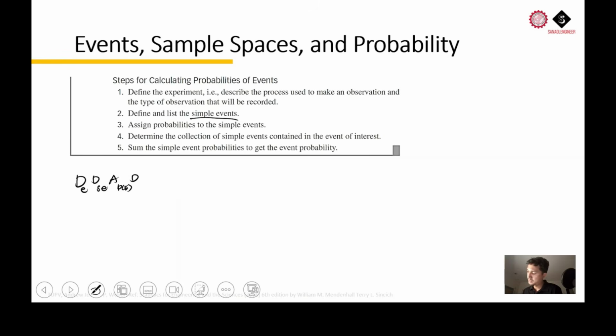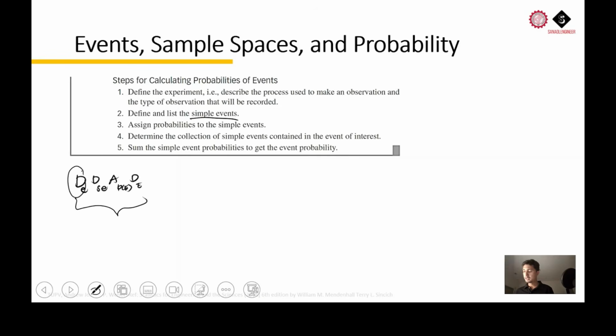And the last, step five, sum the simple event probabilities to get the event probability. Four and five, I think they can be combined into one. Okay, sum the simple event probabilities to get the event probability that refers to the event in question in step four. Okay, so at least we reduce it to four steps.